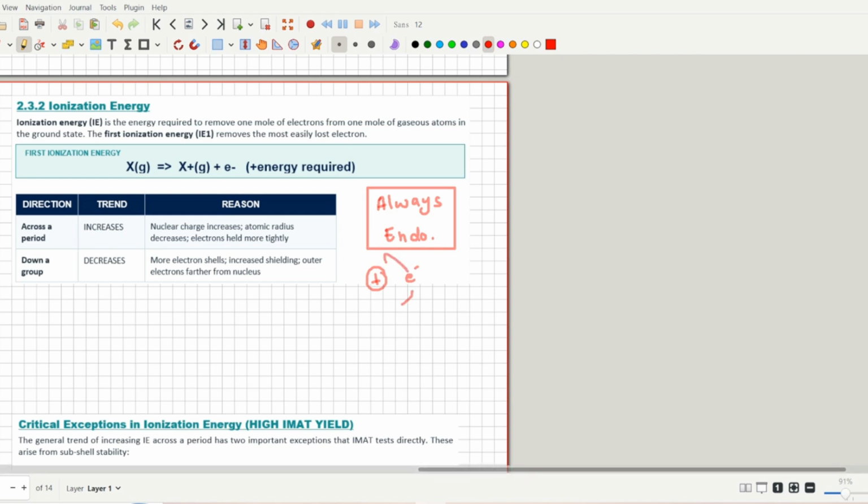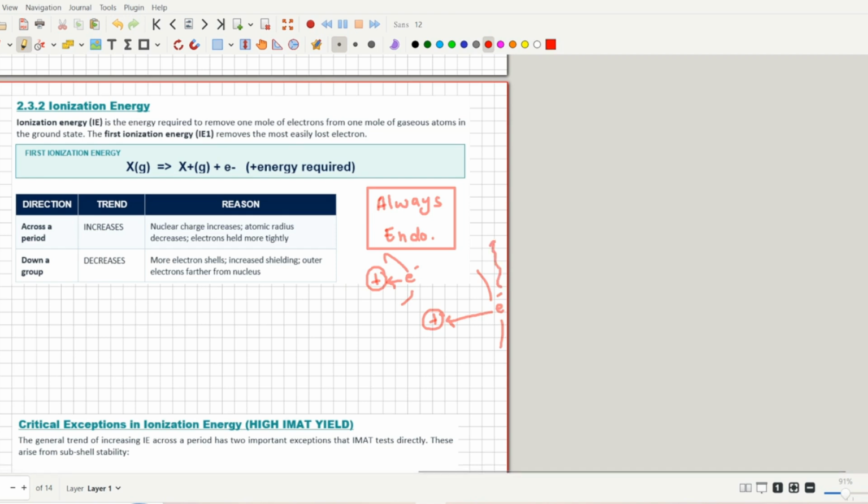The nucleus will attract the electron towards itself, and if the electron is far away from the nucleus like this, then the force of attraction of the nucleus will be weaker. So the nucleus will have a hard time retaining the electron, and you can easily remove this electron, while removing this electron is a bit harder.